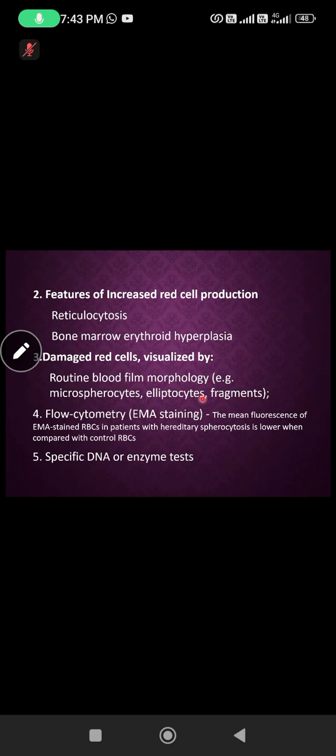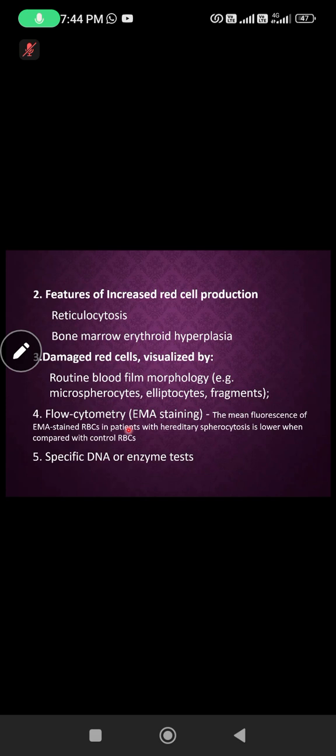There are other investigations you can do. You can do flow cytometry and identify membrane defects, such as in the case of hereditary spherocytosis and also hereditary elliptocytosis, and also in paroxysmal nocturnal hemoglobinuria. You can identify the membrane defect using flow cytometric studies.